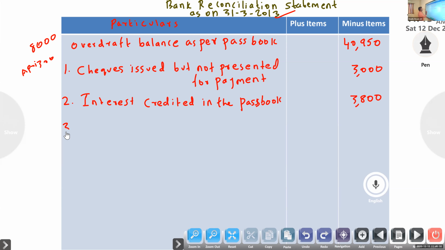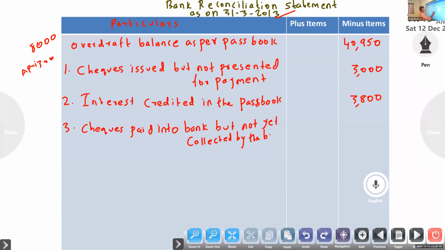So the third point is checks paid into bank but not yet collected by the bank.